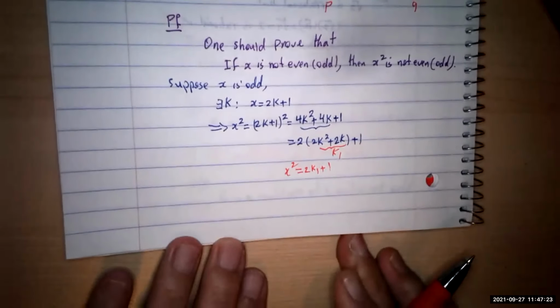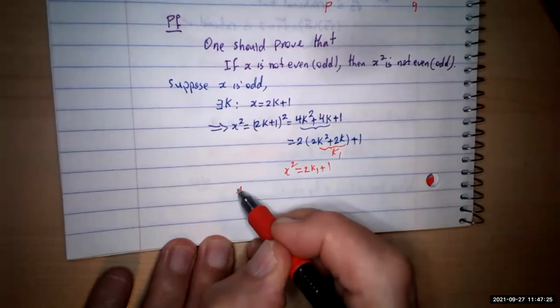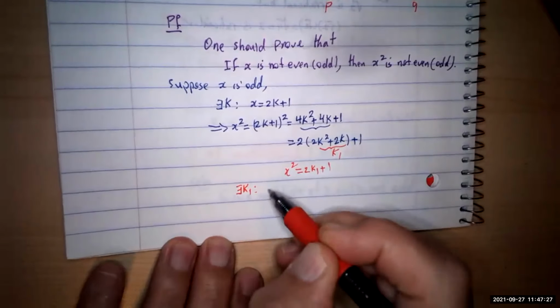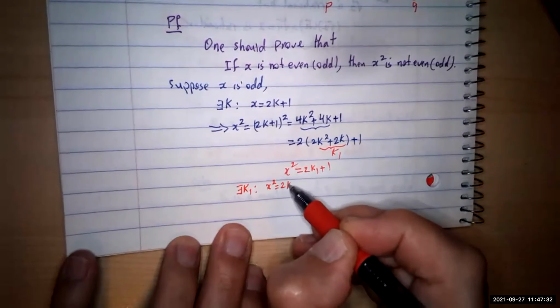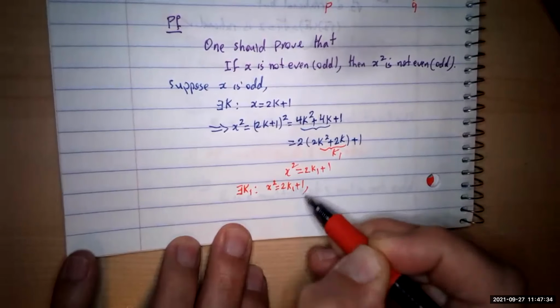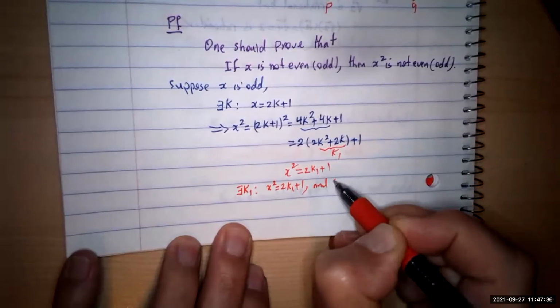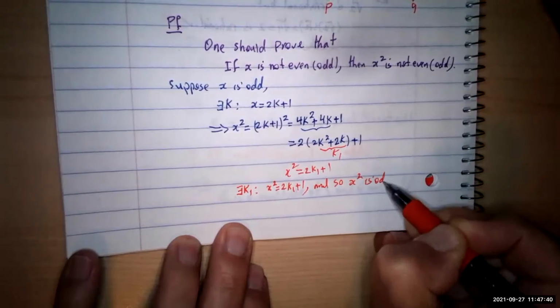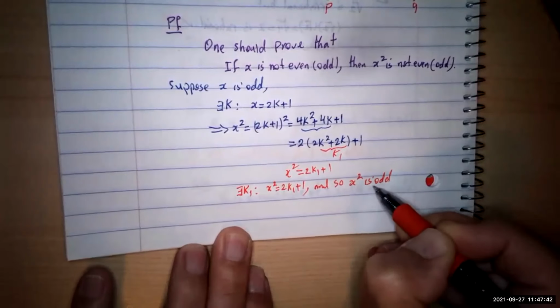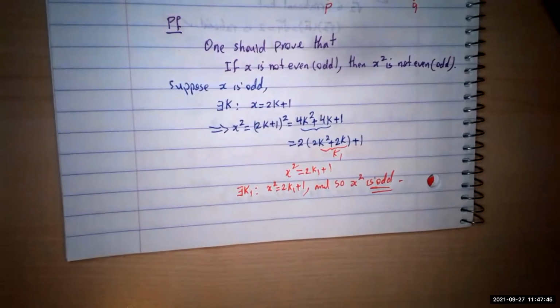What you proved is that there is a k1 such that x squared is equal to 2k1 plus 1. I just repeat it. And so x squared is going to be odd. And that's exactly what you want to prove.